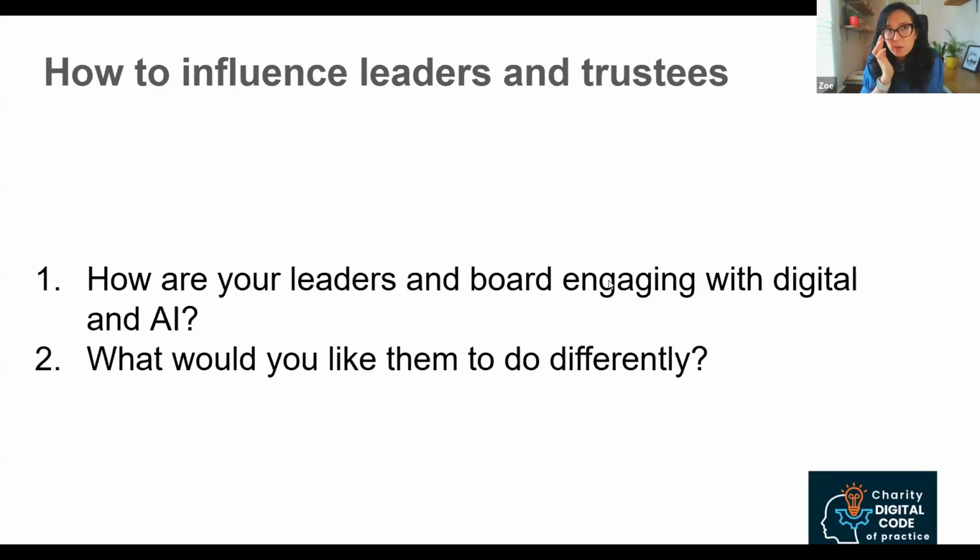So I wonder whether it's worth doing something quite practical with your boards and leaders, maybe to work through some hypothetical decisions that they might need to make, and what different factors and criteria they might need to use when they're making decisions like that. Because I think our boards and our leadership teams will have to make increasingly complex decisions about AI as this technology becomes more embedded.